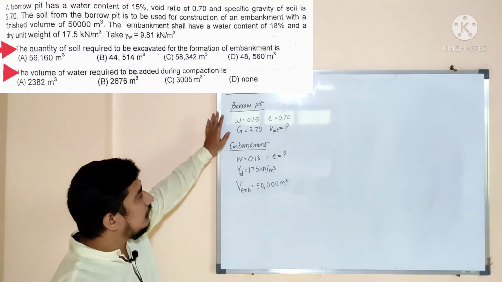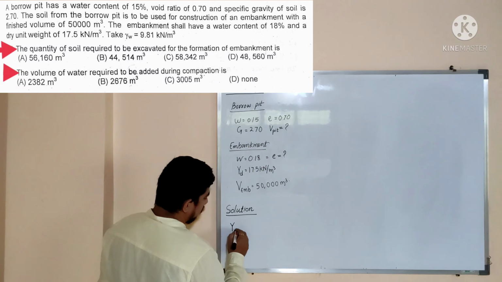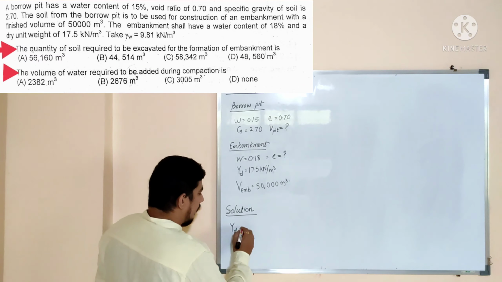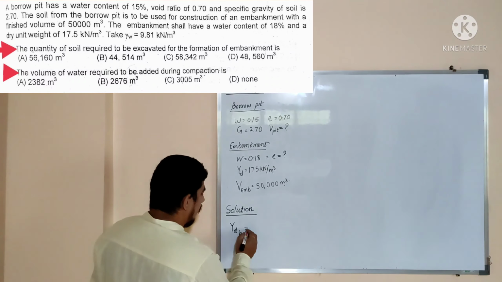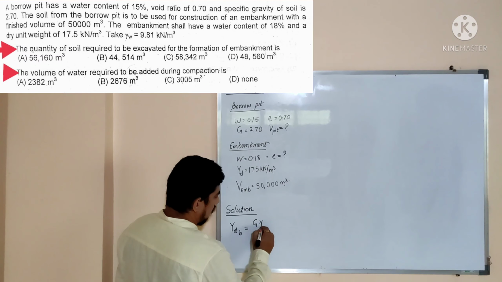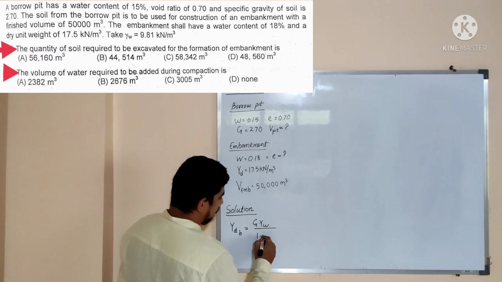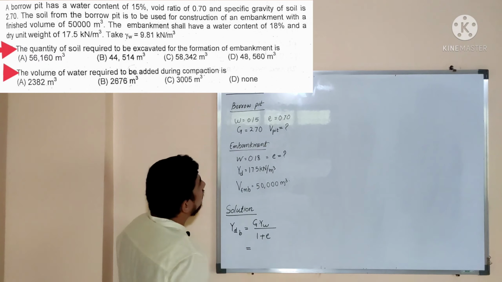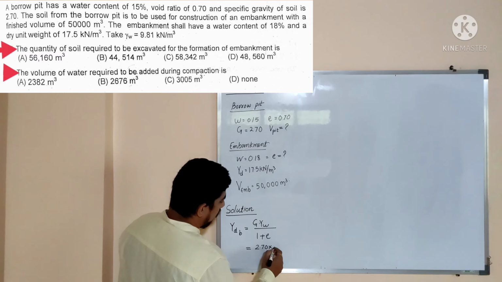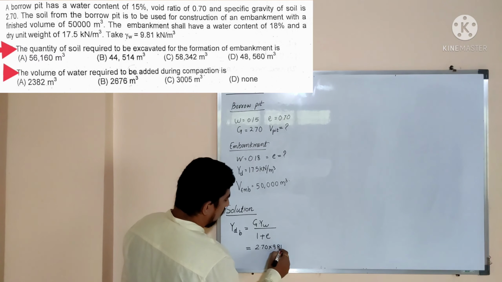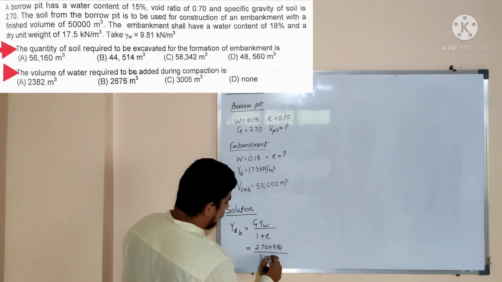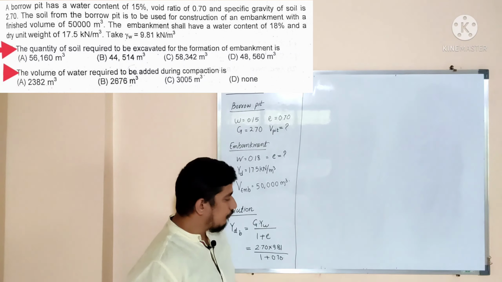To find out the density of a soil in a borrow pit, we have to calculate the gamma d of the soil in the borrow pit. So gamma d B, I will say gamma d B, that is gamma d of the soil in the borrow pit. We have the formula G gamma w upon 1 plus e. So G is 2.70, gamma w is 9.81 kilonewton per meter cube, and 1 plus e, that is 0.70, gives 15.58.